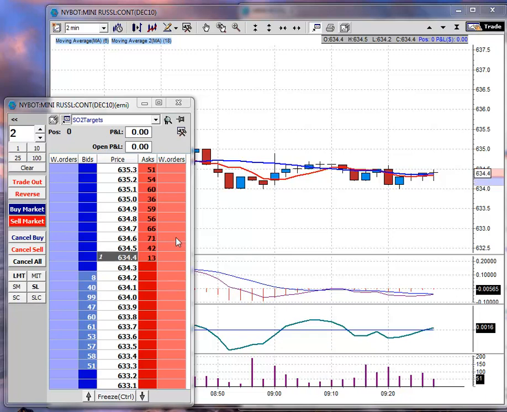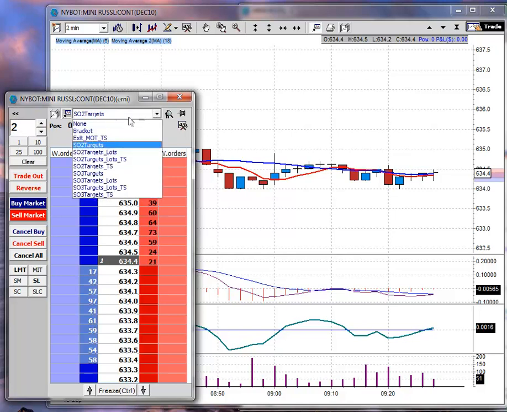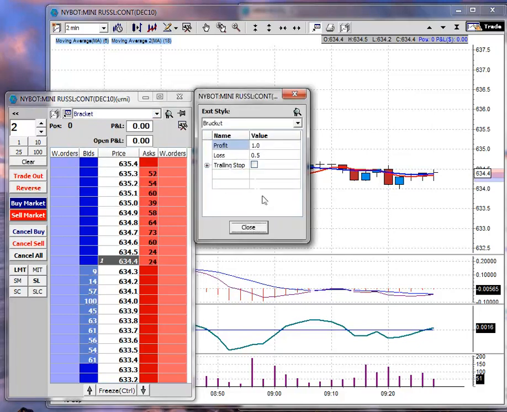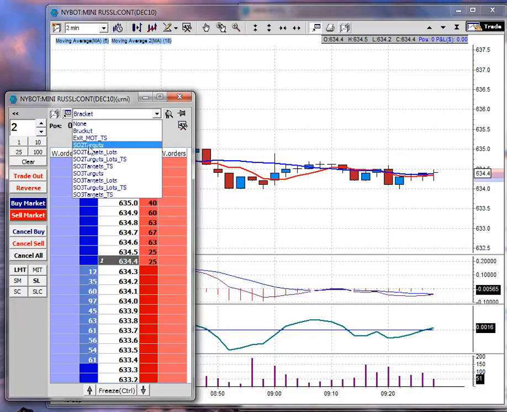Now, because I'm using two profit targets, I've just got the simulator here and I've set it for two contracts. Instead of just a normal bracket setting, I've come down to select two, it says SO2 targets.